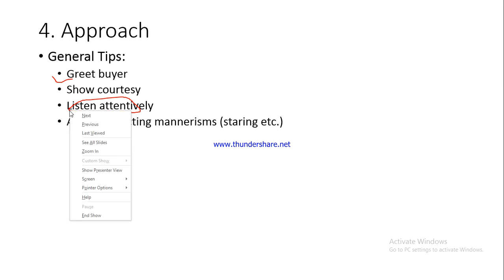Why are you starting off with listening rather than starting off with presenting your product to the buyer? Because you are basically trying to find out what the needs of the prospective buyer are. You are trying to find out what he is looking forward to in the product that he is going to buy from you.